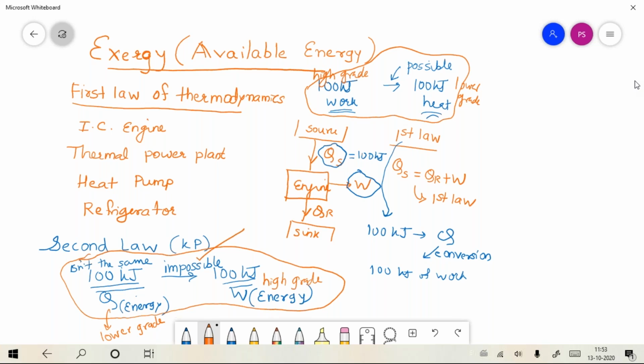It means that heat is a lower grade energy and work is a higher grade energy. If you had listened to the video of Professor Murukar, another example was given to help you understand the quality aspect. So let me again take the same example which has been referred to in the video.